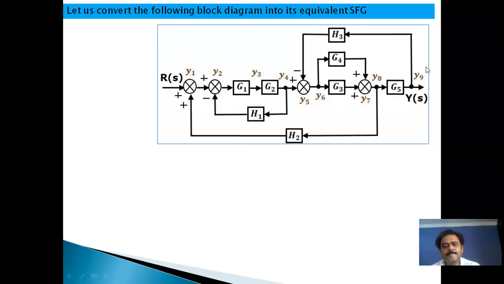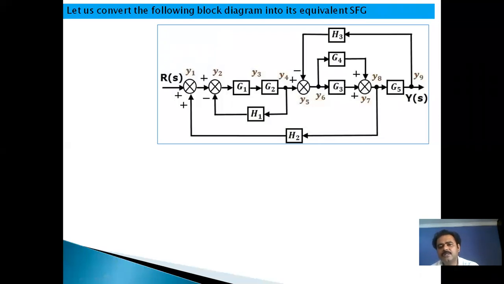So this is a block diagram representation of a control system. Okay. A control system can be represented with a mathematical model, or a block diagram model, or a signal flow graph model, or a transfer function model.